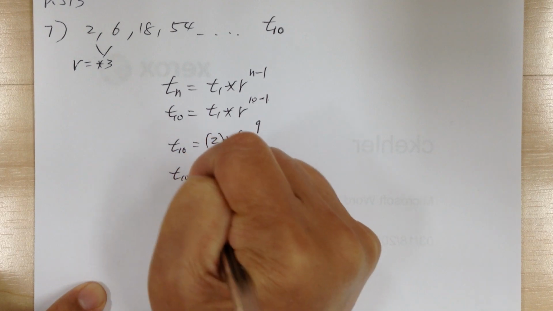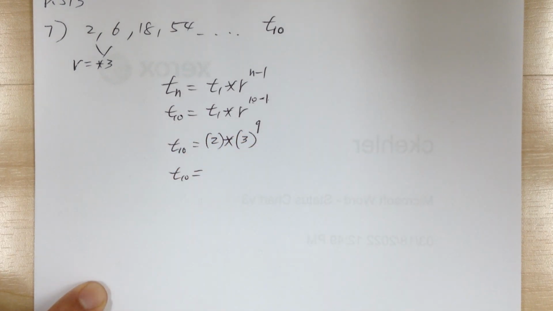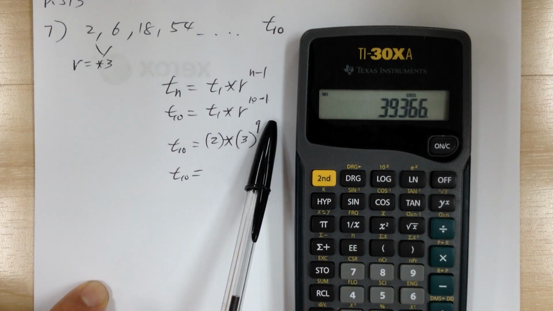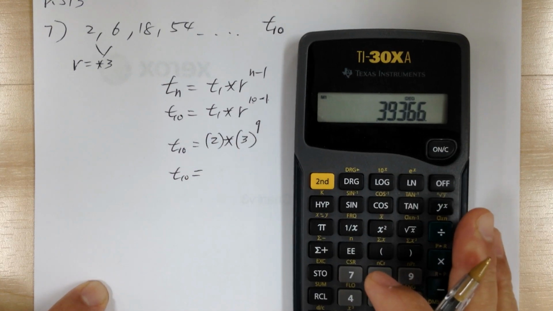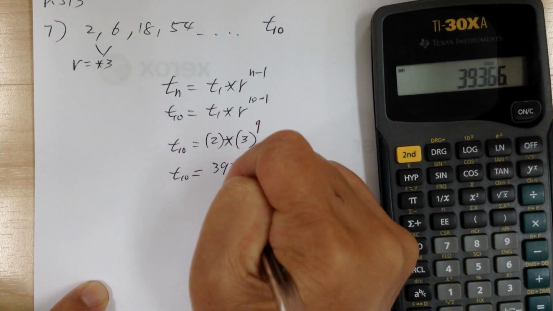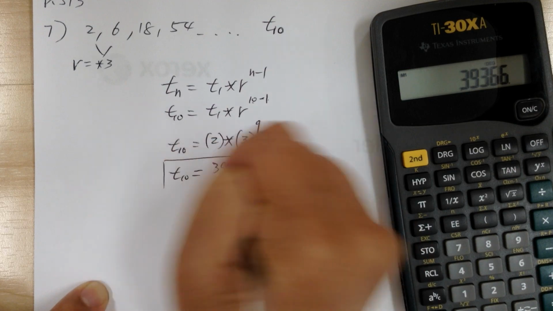So T10 equals, go and get your calculator. You're going to get 3 to the 9 power, then you times it by 2. You kind of have to work backwards. So get this part first, then times by 2. You're going to get 39366.